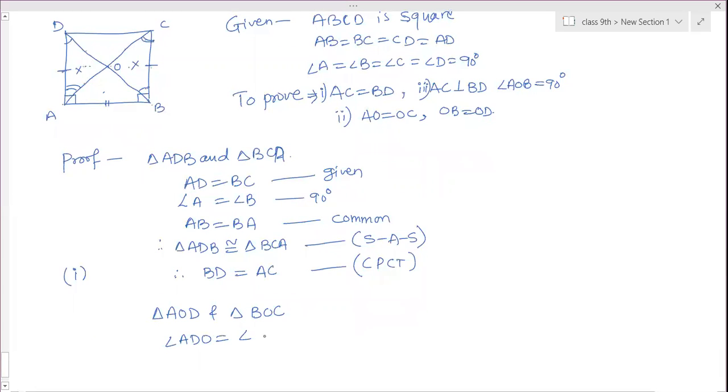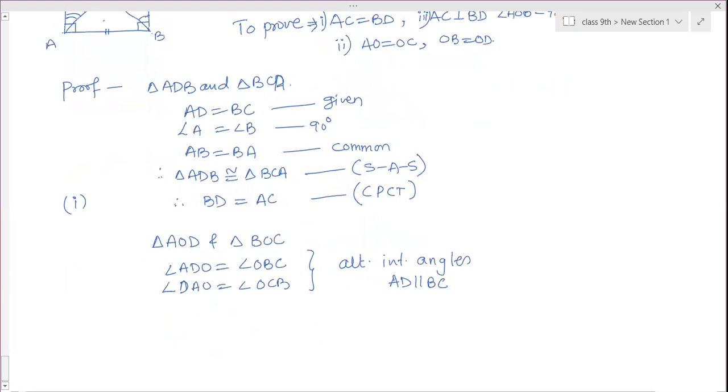So the second part is triangle AOD and triangle BOC. Angle ADO is equal to angle OBC and angle DAO is equal to angle OCB. The reason together: alternate interior angles as AD is parallel to BC. Then the other one is AD is equal to BC. Given, all sides are already equal.